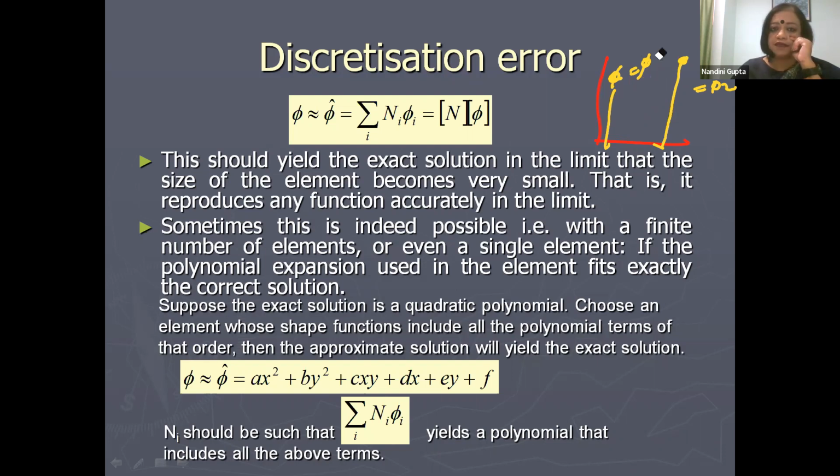You know that at this point you have this value, and at this point you have this value. Using linear elements, you're going to find a linear polynomial to satisfy the solution. So the only possible solution is, of course, this, because whatever your phi is must satisfy this here and this here. Between these 2 points, you can have only one unique solution. So the phi must also be this. In this situation, phi will match your phi hat.